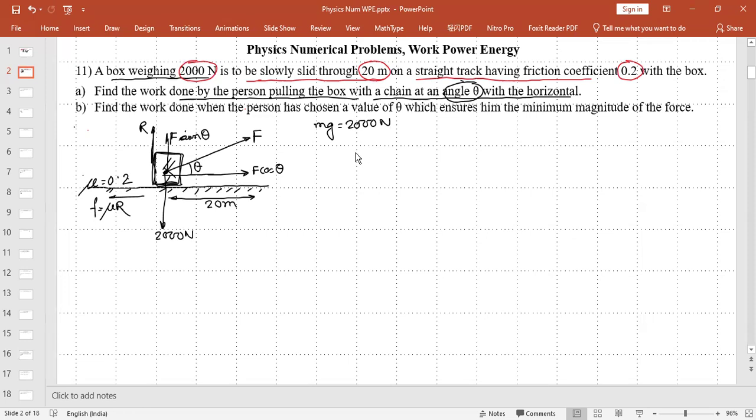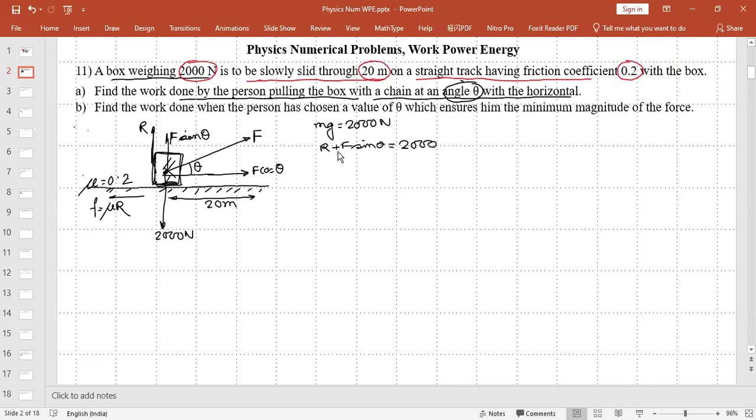Here, if we go to the vertical, we find R plus F sin theta is 2000 Newton.